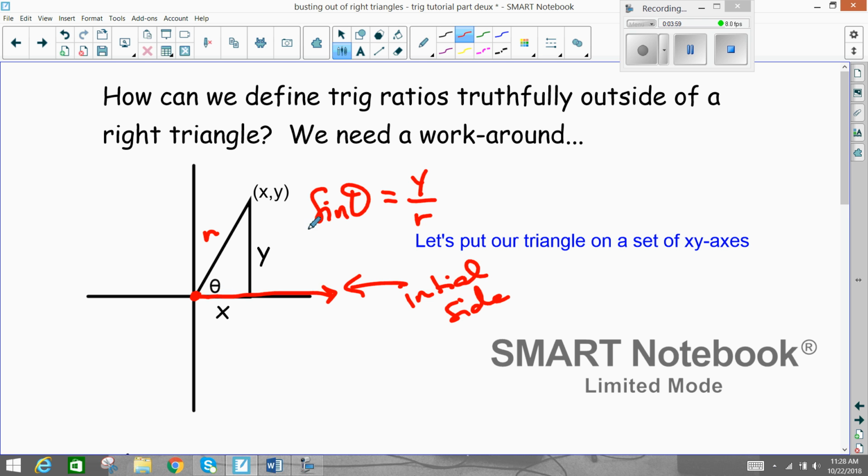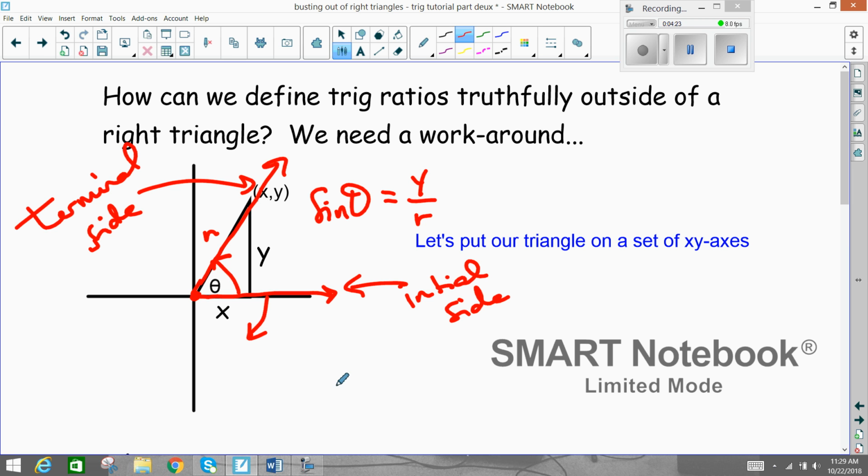Okay? And the terminal side is this side over here. This is called the terminal side, the ending side. So we're going to rotate in the counterclockwise direction, and that is a positive angle. If we were going to go backwards, that would be a negative angle.